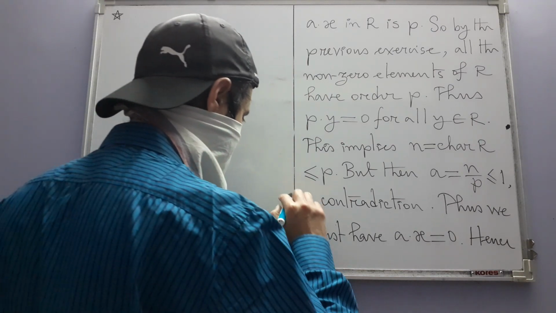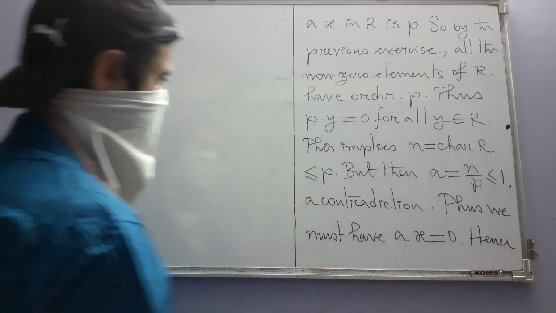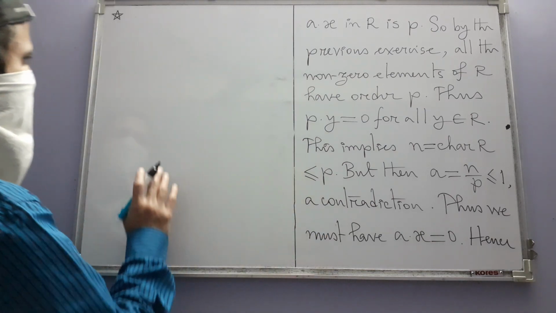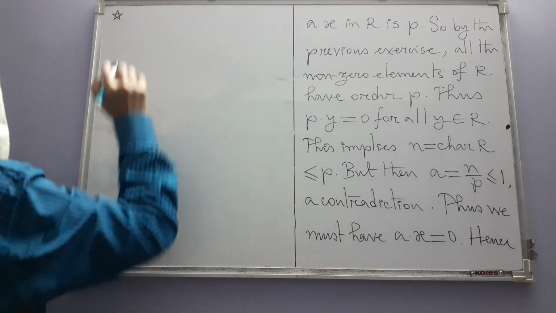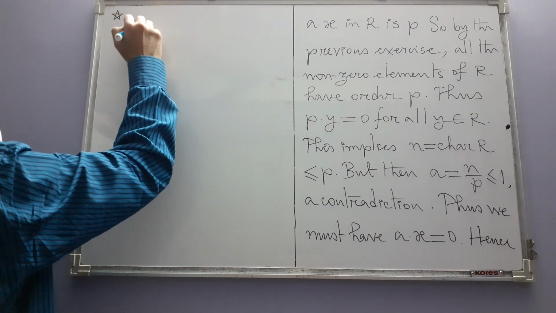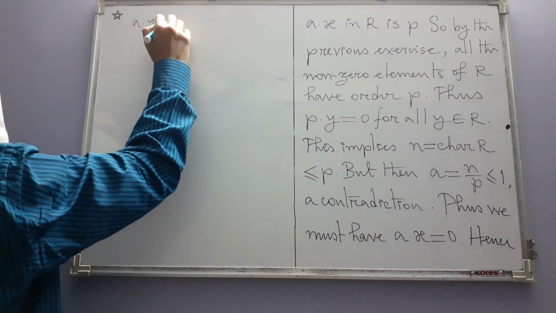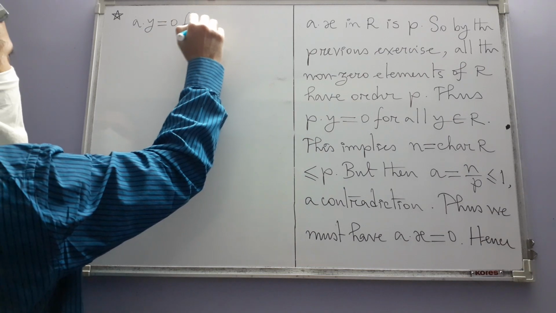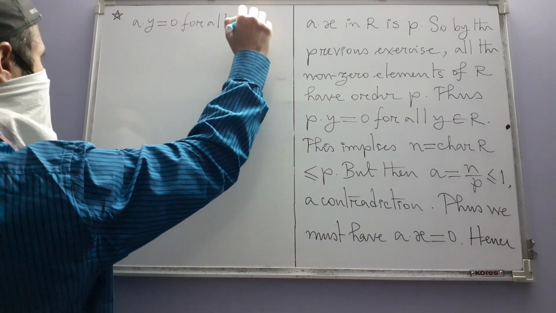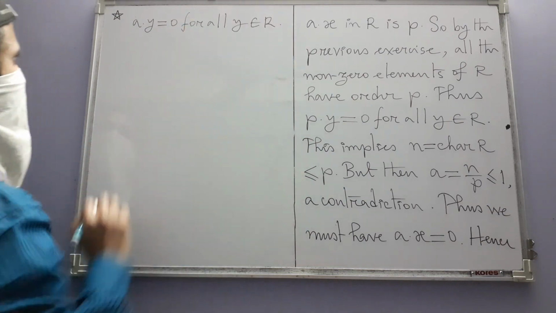Hence, A dot y is equal to 0 for all elements y in R.